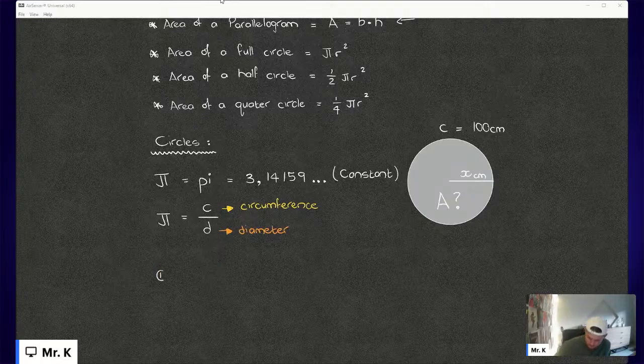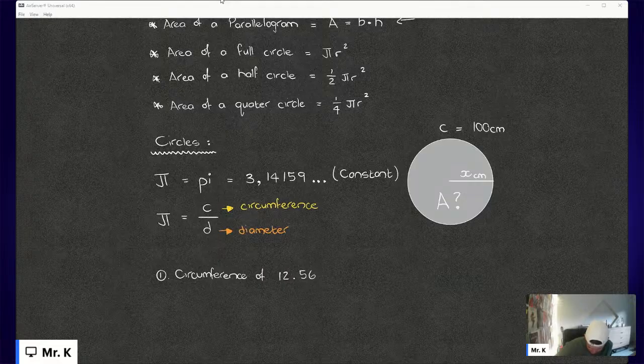Circle number one has a circumference of 12.566 centimeters. What is the diameter going to be?